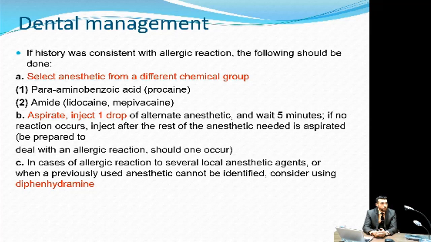So if the patient is sensitive or allergic to one anesthetic, such as lidocaine, then we should choose an anesthetic from the ester type. 2. After choosing the most likely safe local anesthetic, aspirate first and inject 1 drop of the alternate anesthetic agent and wait for 5 minutes.